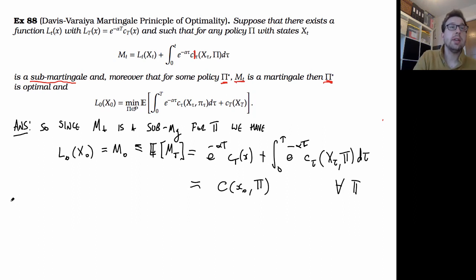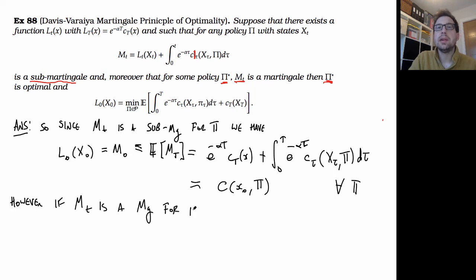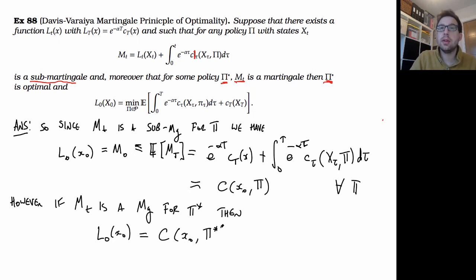Okay, however, if M of t is a proper martingale for pi star, then all of this argument follows, but with this being an equality. So then L of 0 of x of 0 is equal to the cost starting from state x0 and following the policy pi star.